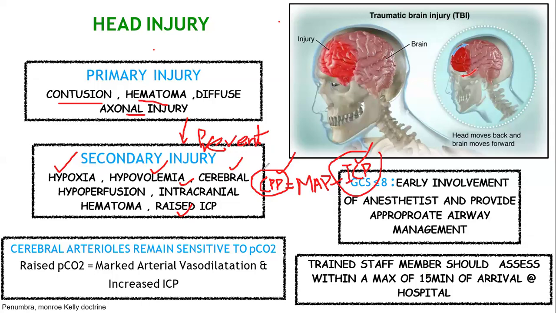And how do we manage the ICP? What is the first step if the patient is coming to you? One, if the patient needs intubation, you intubate and cause hyperventilation to get rid of the carbon dioxide. So one thing is that you have done intubation and hyperventilation.